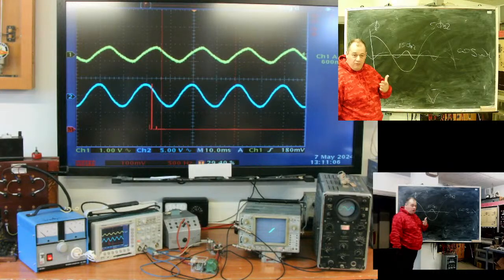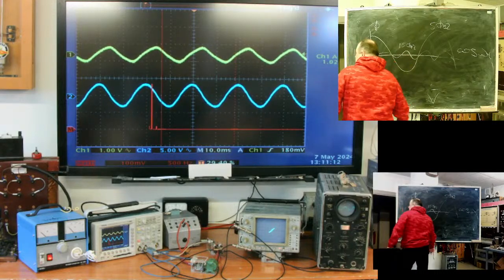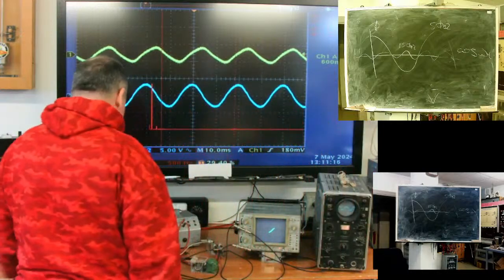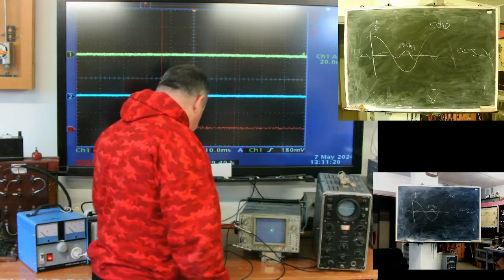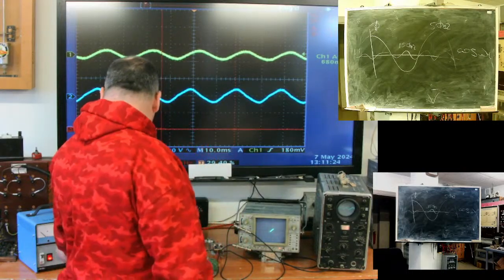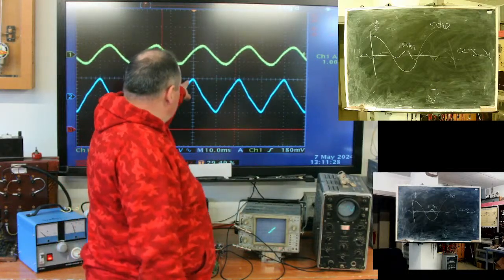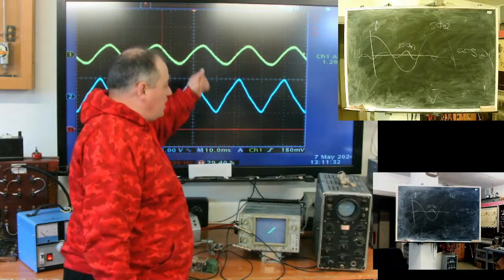My secondary voltage is a derivative of this signal. And the derivative of cosine is sine. It's okay. The derivative of the distorted cosine, here it is, the blue line.